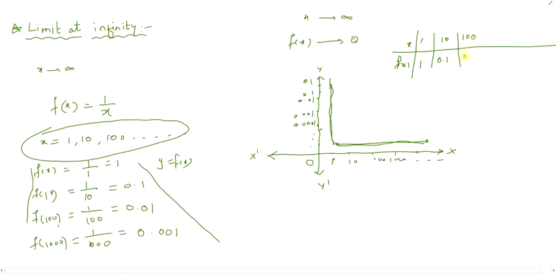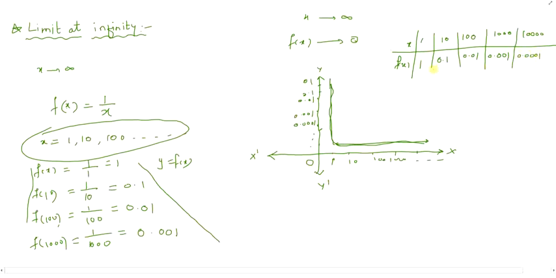then third value 100, 0.01, then 1000, then 0.001, then 10,000, then 0.0001.